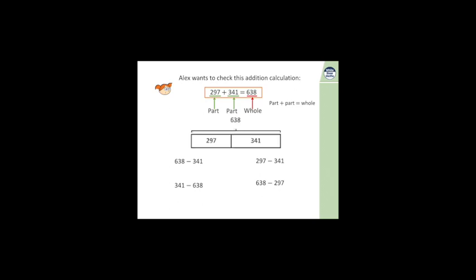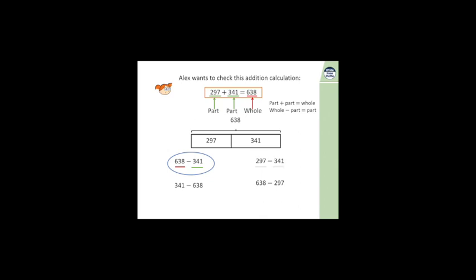So which ones could she use? 638 minus 341. That's one that she could use, because if she subtracted 341 from 638, she'd be left with 297.